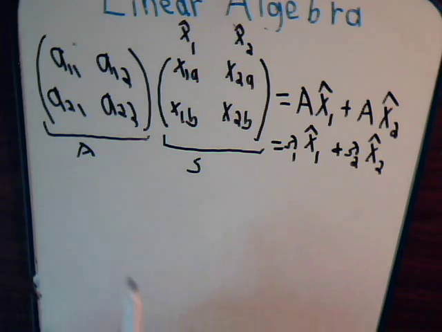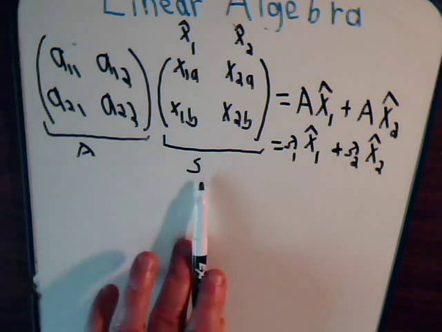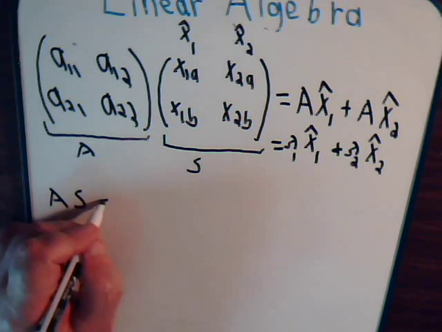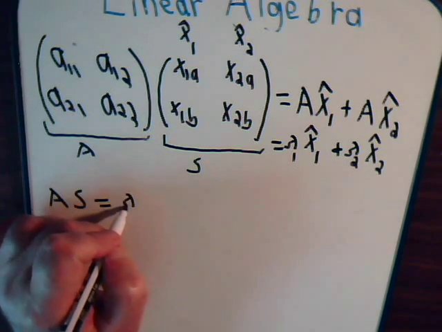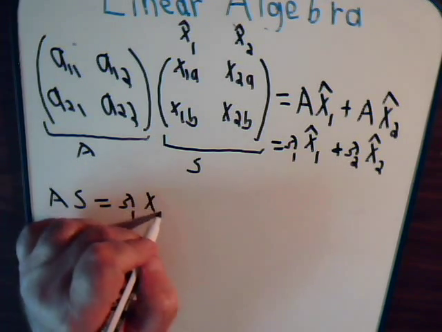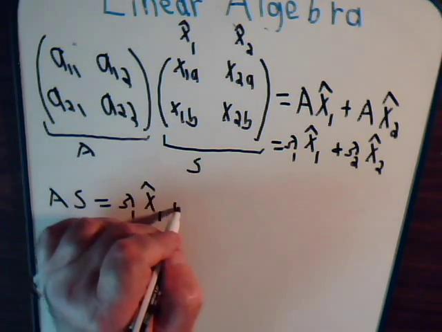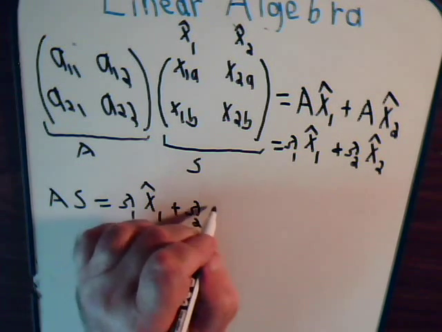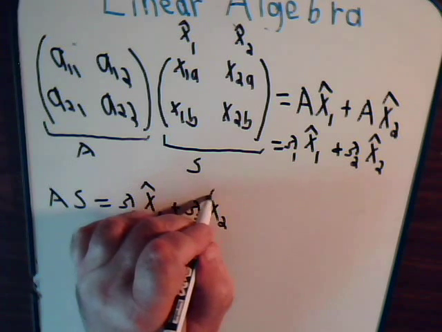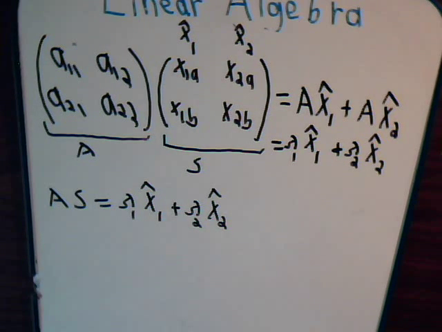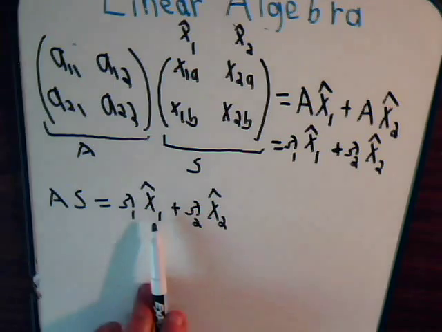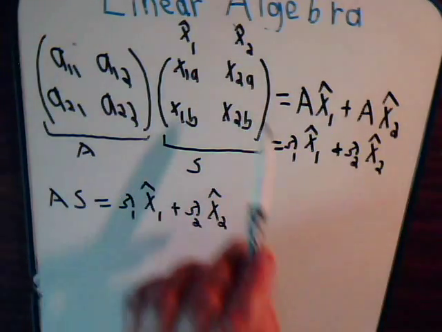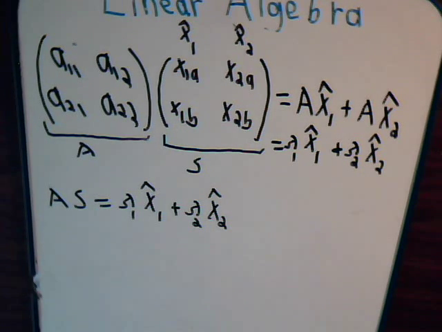So what we have is matrix A times matrix S equals lambda 1 times the corresponding eigenvector plus lambda 2 times the corresponding eigenvector, where eigenvector 1 has these two components, eigenvector 2 has these two components.